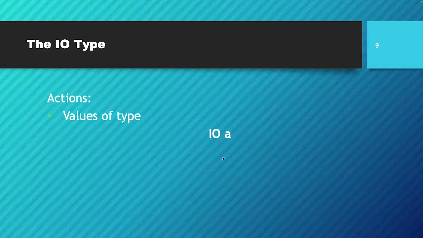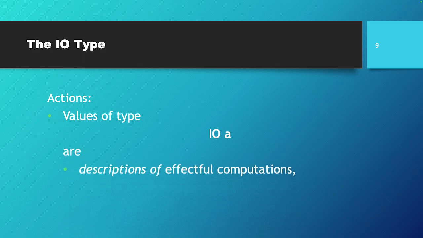So we have actions of type IO A. We've seen that as being Character, empty, String, whatever. And they're descriptions of effectual computations, computations that you might have thought of as mutations, things that change things in the outside world, be that state, or the outside world with print, reading from the outside world and so on.